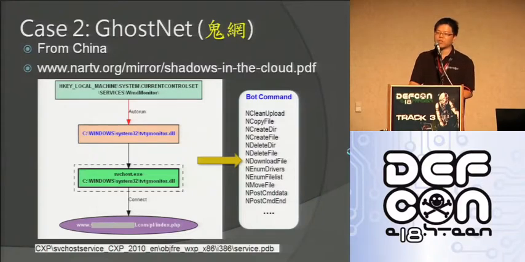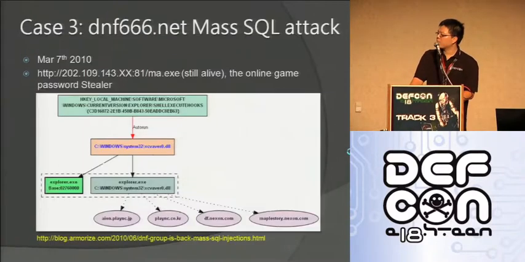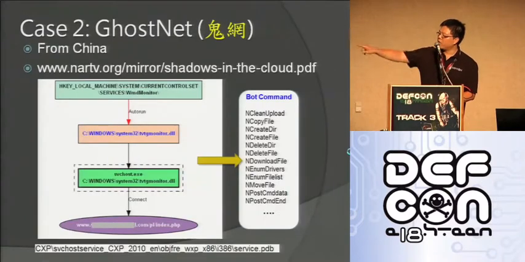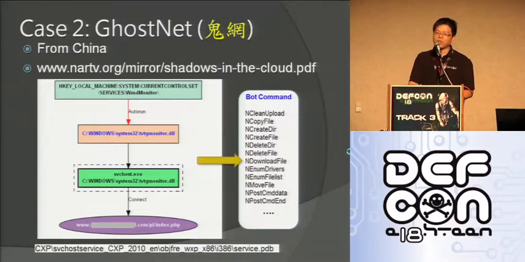So it's the original project name before this malware was compiled. And the URL that we marked is one of the CNC servers that this malware sample tried to connect to. And this CNC server is also mentioned in the Shadows in the Cloud report.